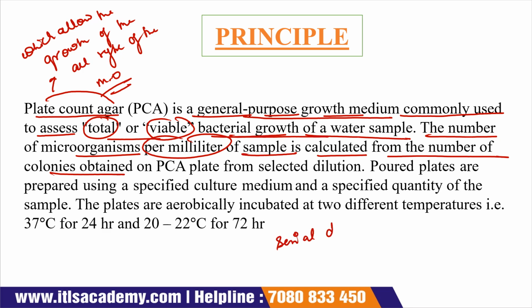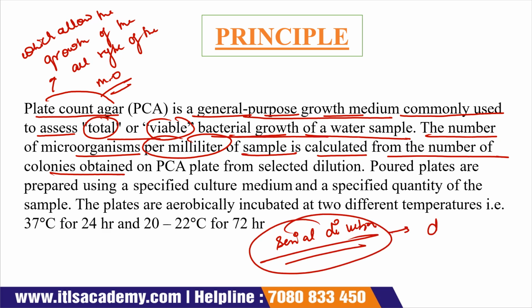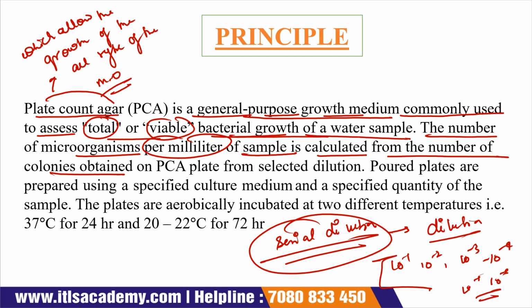With the help of serial dilution, we choose the dilution, for example 10 to the power minus 1, minus 2, minus 3, minus 4, minus 5, and minus 6. In general, we do a serial dilution from 10 to the power minus 1 to 10 to the power minus 6.